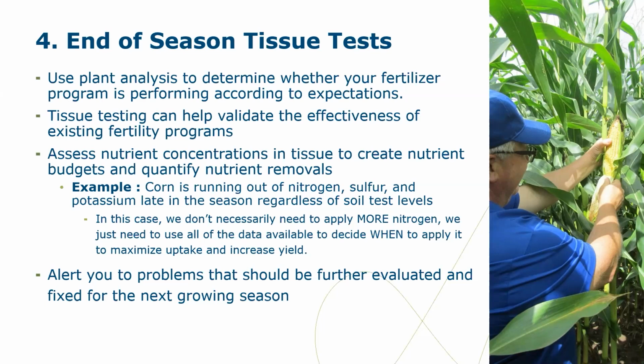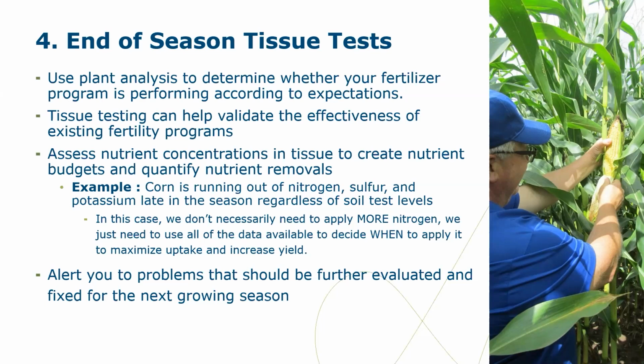For example, a crop consultant that was using this program was able to determine that corn fields were running out of nitrogen, sulfur, and potassium late in the season, regardless of what the soil test levels were. In the case of nitrogen, they didn't necessarily need to apply more of it. They needed to use data to know when to apply it to maximize increased yield.